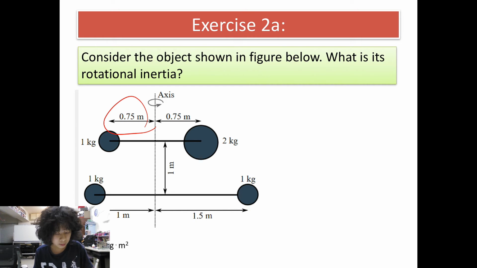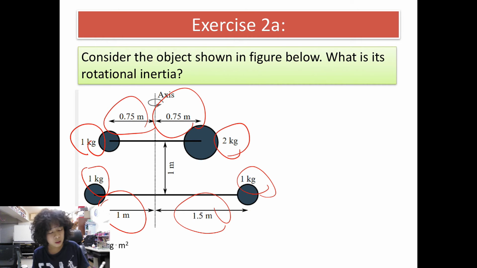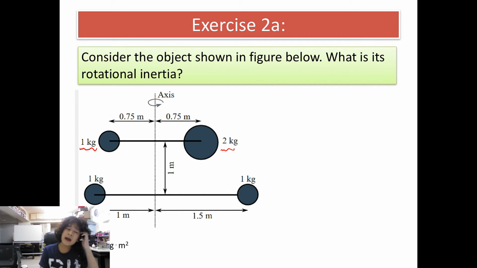So now we can see this 1 kilogram, this one. We will find that this 1 kilogram and 2 kilogram both have a radius of 0.75 meters, right?